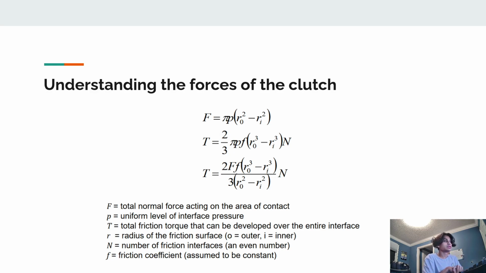So basically, the friction torque can be found using those two equations over there, and for the total normal force, it's the top one over there. And keep in mind these three equations are for an ideal clutch. We're going to be looking in the next slide at how we would analyze a worn clutch.